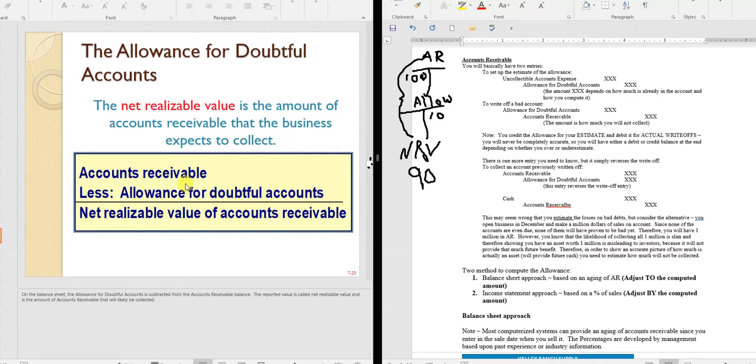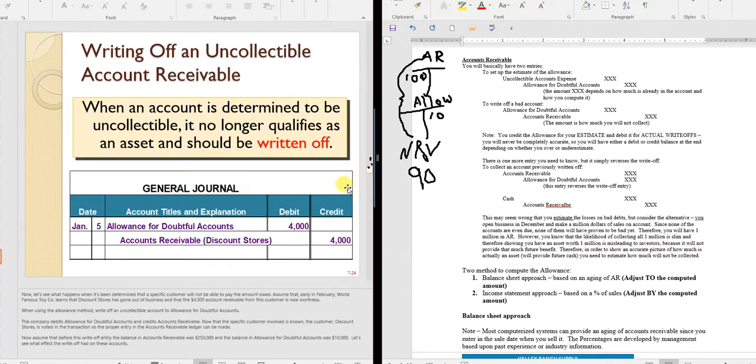Okay, so this slide just says that is that. So we'll go on. Then what happens when I do know the name of the person, when I figure out who it is that's not going to pay me? Because I knew that in the example that they showed you there, it was $10,000 worth.